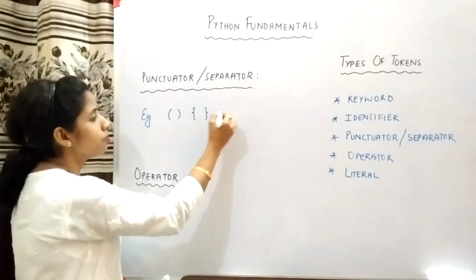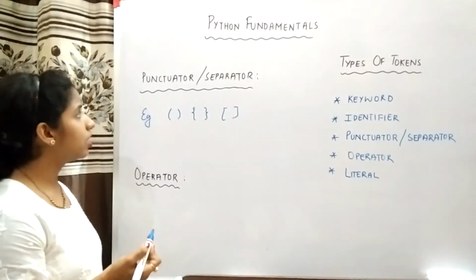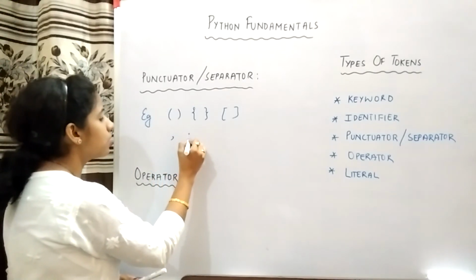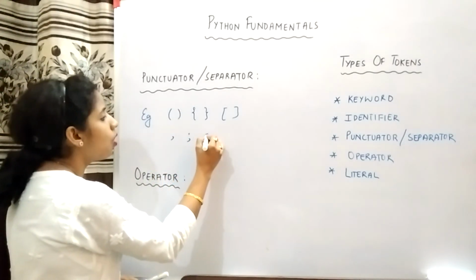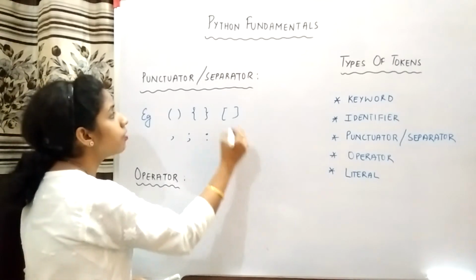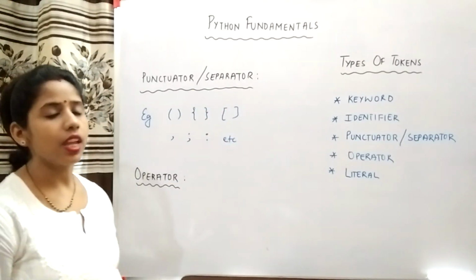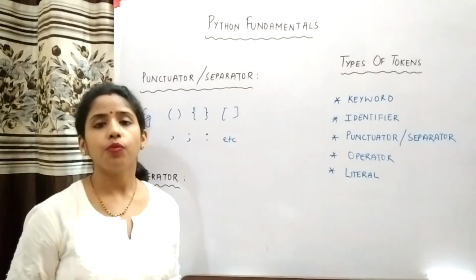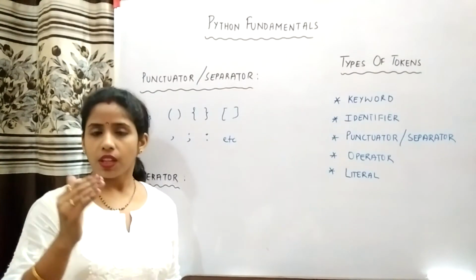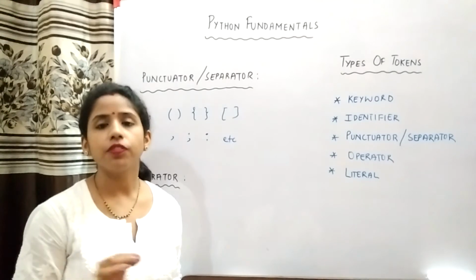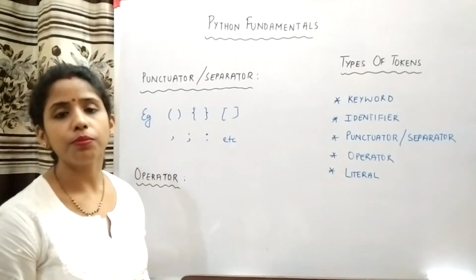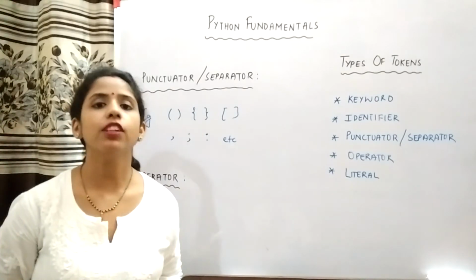All the three kinds of brackets come under the category of punctuator or separator. Then comma, then semicolon, then colon. All these are examples of punctuators or separators. And as you know, punctuators are the punctuation marks which are used to separate certain parts of the statement. So in the same way, we use punctuation marks in Python programming language also.